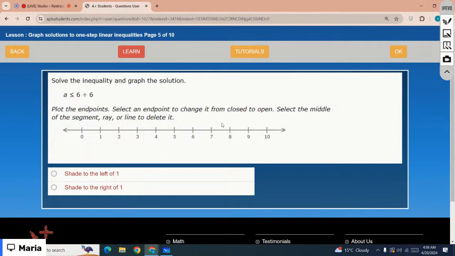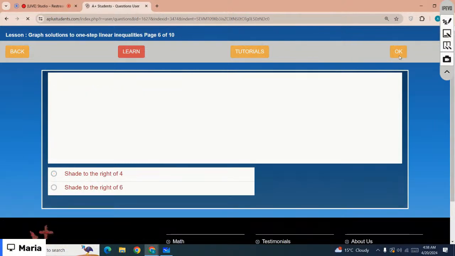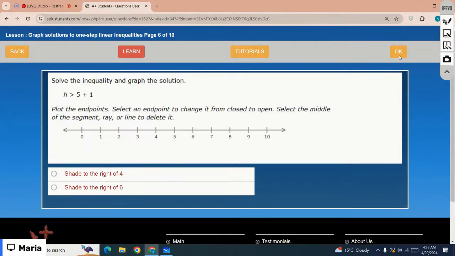That is shade to the left of 1, right? Solve the inequality and graph the solution.